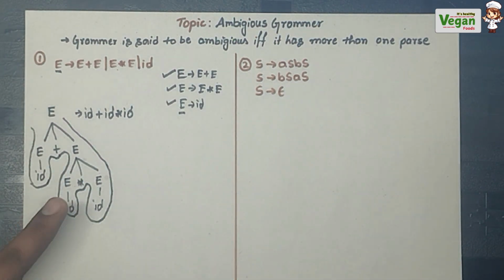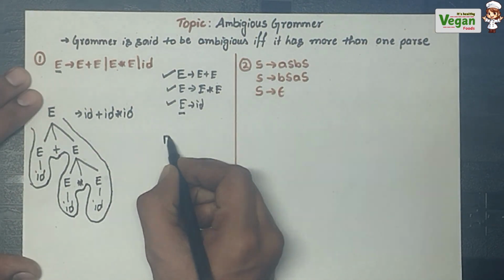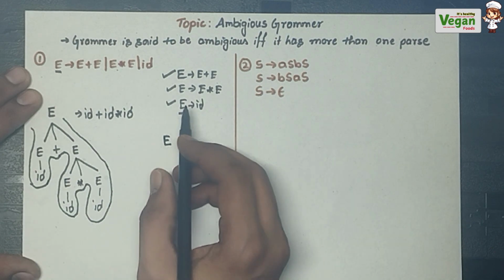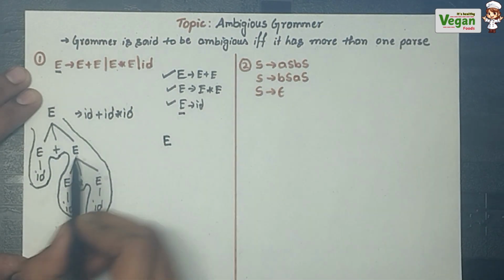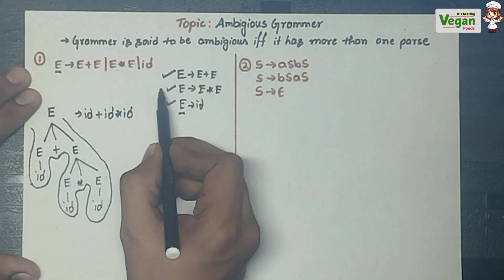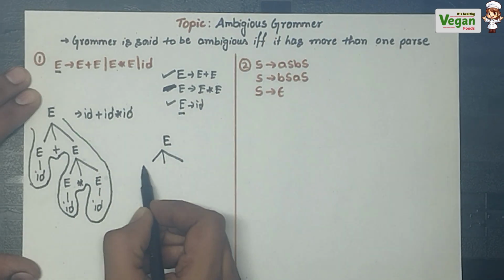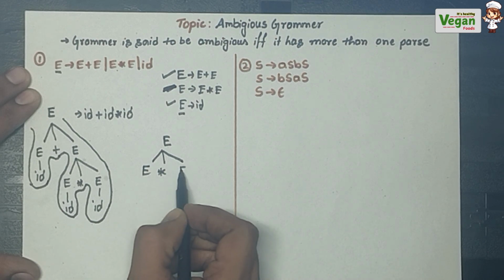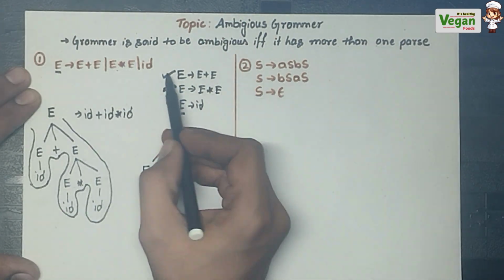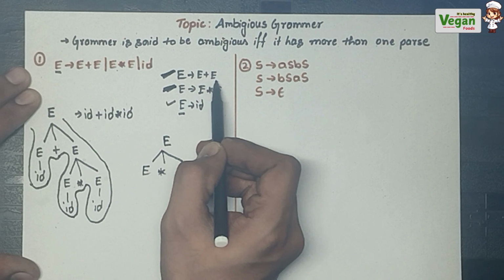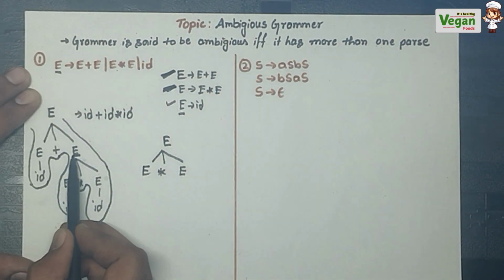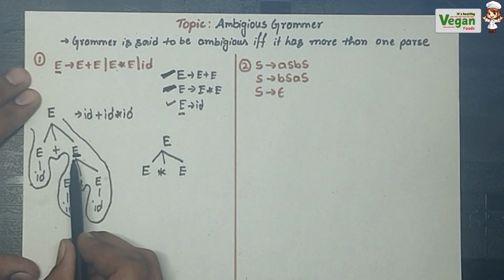Now let's try to construct the second parse tree for the same problem. We will be starting from E. At the start I considered E plus E, now I will consider E star E as the first one. So E star E. Next we will be considering E plus E, at the same position of E that you took for the first parse tree.